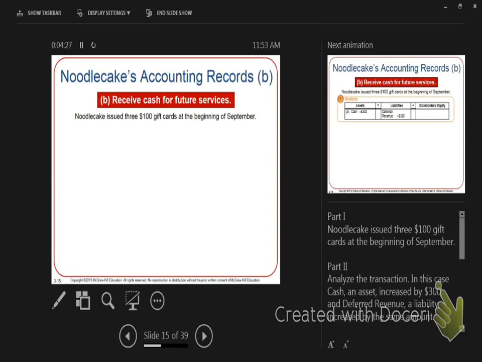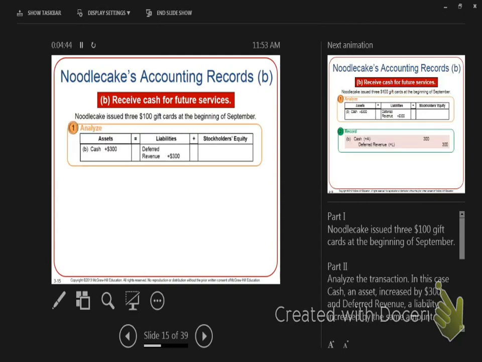Did we earn the money? It is unearned revenue. We're going to earn it when they spend it, right? Because will they necessarily spend it all? No. And we don't know if they're going to spend it this month, next month, or next year. All right, so it's cash and deferred or unearned revenue.